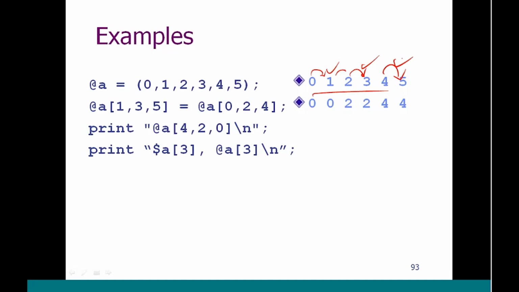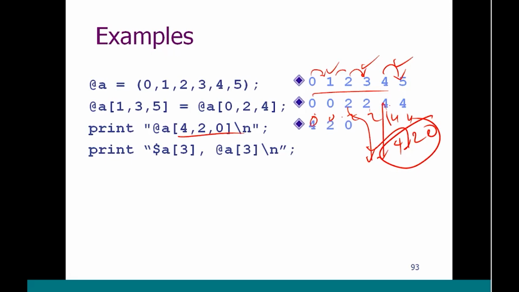So essentially it becomes 0, 0, 2, 2, 4, 4 as the main values of this array. And then once you print out 4, 2, and 0, it prints out 4, 2, 0, and then it prints out 2, 4, 2, 0. So that's what is denoted here.